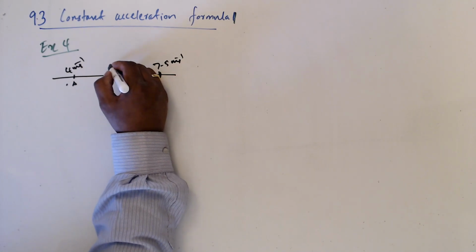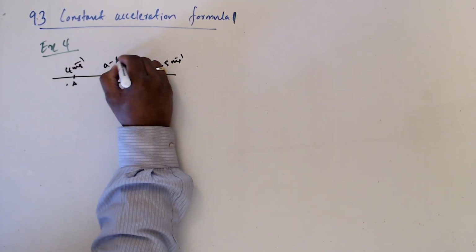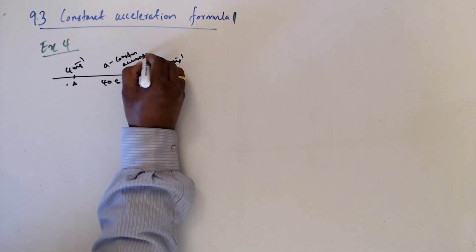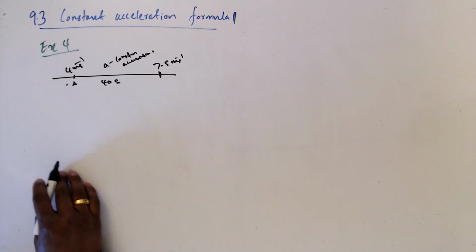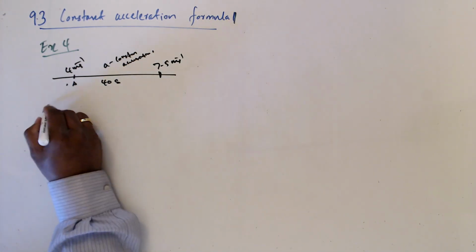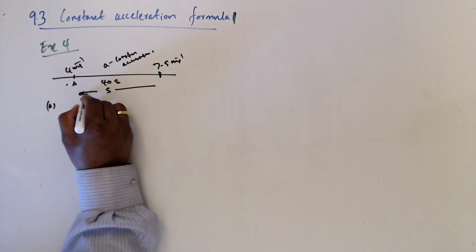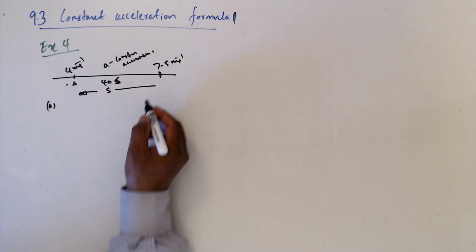So a is the constant acceleration. Now the first question is the distance traveled, let's say s.